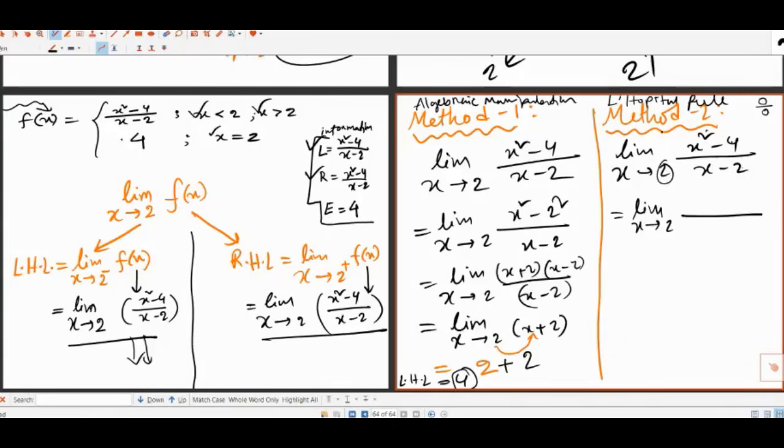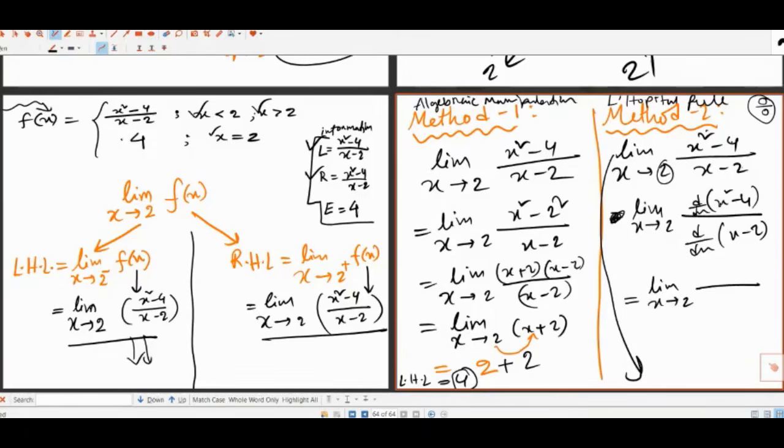L'Hopital says that if the derivative of the numerator and the derivative of the denominator exist, then that result will be for the main function also. Since we are getting 0 by 0, we differentiate both numerator and denominator. Differentiation of x squared is 2x.